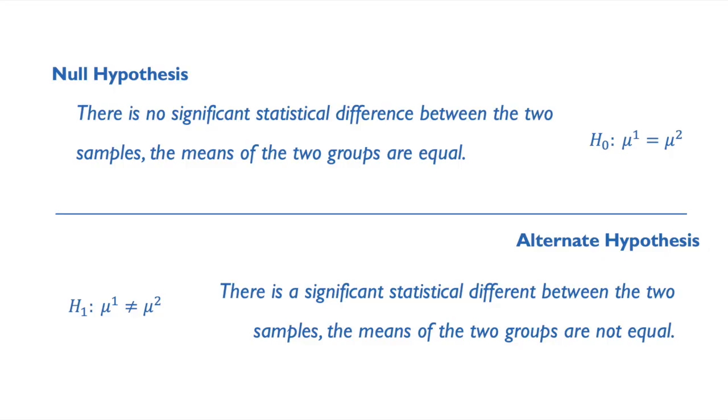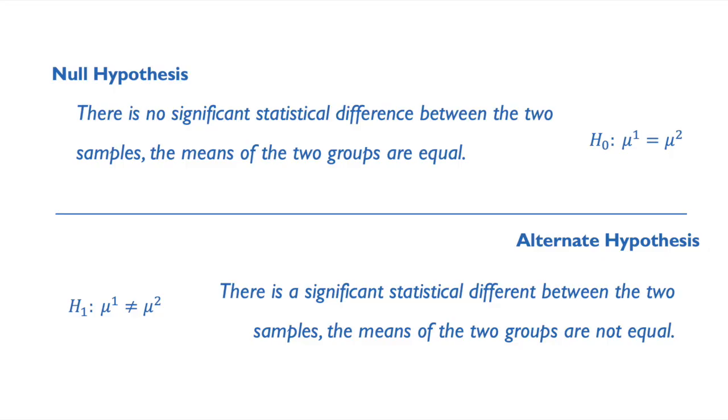So that pretty much means that the means of the two groups will be equal, as you can see represented in the equation on the right. And the alternate hypothesis states that there is a significant statistical difference between the two samples, and that the means of the two groups are not equal, as represented in the equation on the left.